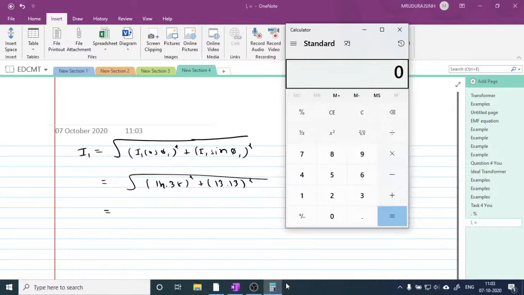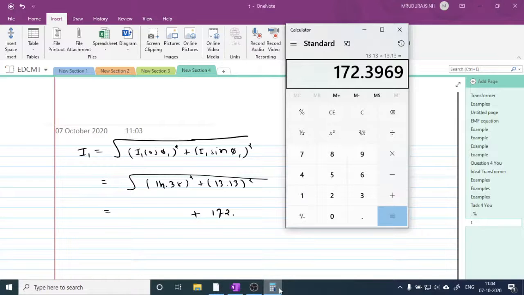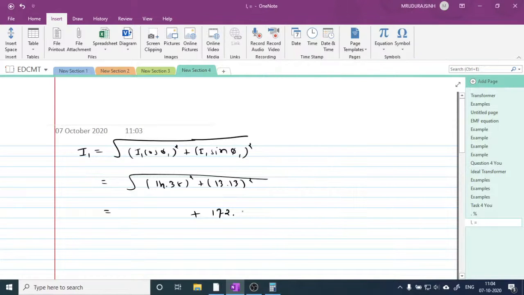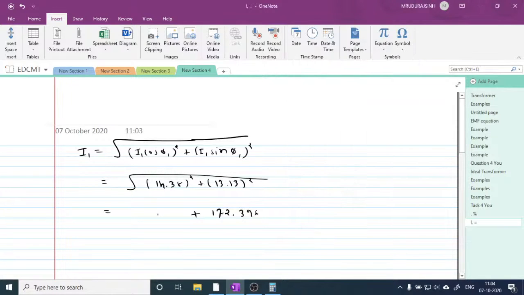So 13.13 into 13.13 gives us 172.396. 14.38 multiplied by 14.38 gives us 206.78.